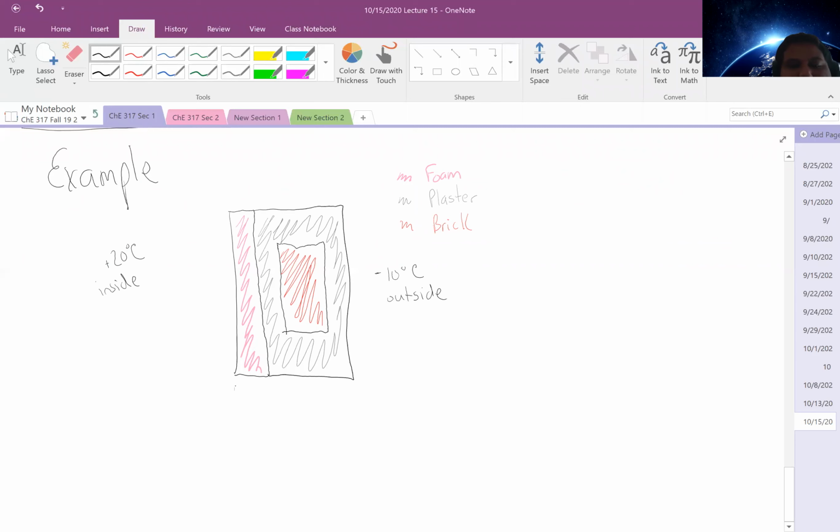We know this layer is 3 inches. We know the plaster is, let's see, 3 centimeter layer thick.